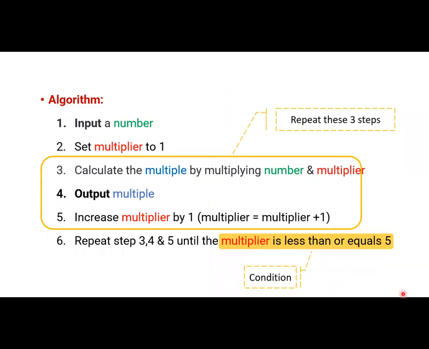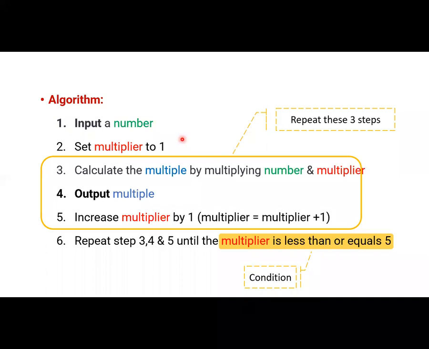As a solution for this issue, we can write the algorithm like this, just like the previous one. The first step is input a number, then set the multiplier to 1.